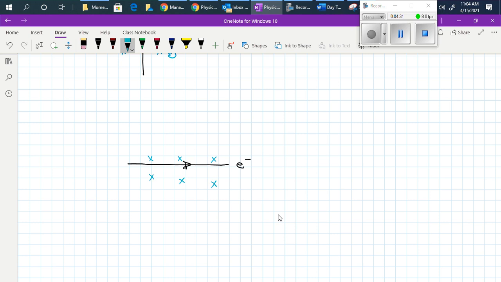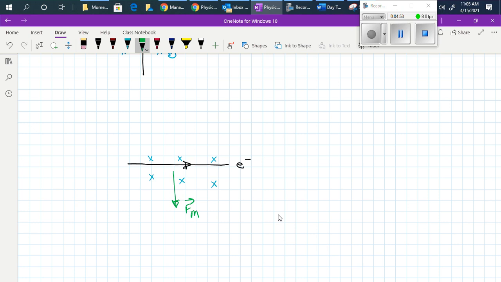So your thumb will be going east, your fingers will be into the page, therefore the palm will be facing south. So the magnetic force will be going down, south.